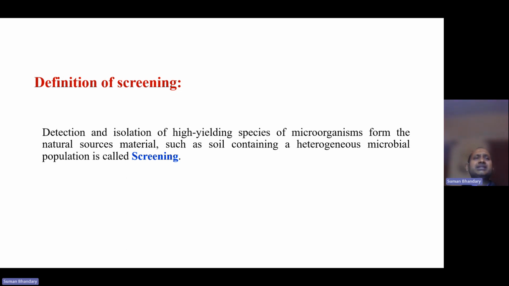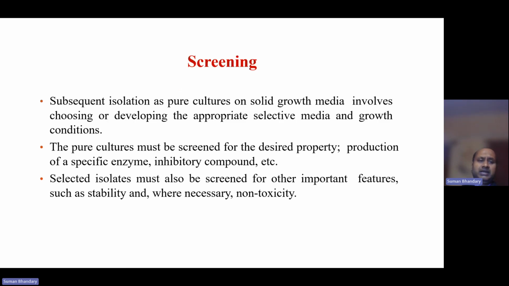Here we can see that screening is subsequent to isolation of certain microorganisms, meaning we are developing a pure culture on a solid growth medium, mainly by using agar medium.